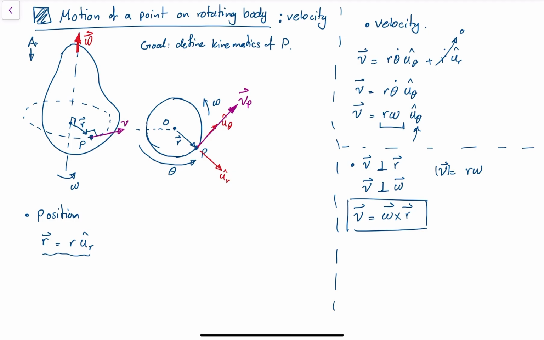And here we are dealing with a 90-degree angle between omega and r, so sine of that angle is 1, and you end up with the same magnitude. And that is the vector you're looking for: omega cross r. Very compact, very useful. In fact, a lot more useful than this form. You can immediately find the direction and magnitude of your velocity vector.